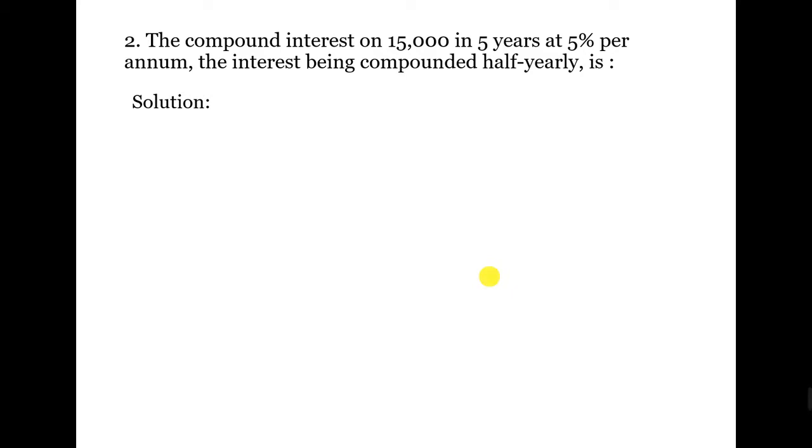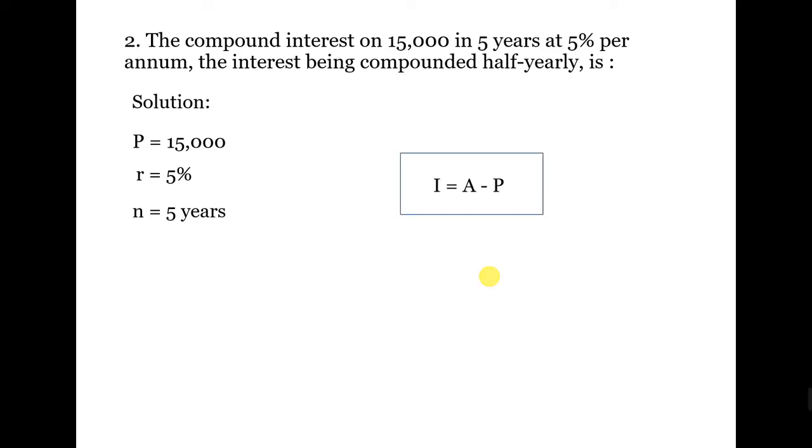The principal amount is worth 15,000 with a rate of 5% and a time frame of 5 years. So we will use the formula to find out the value of interest, which is the difference between the amount accumulated and the principal amount.